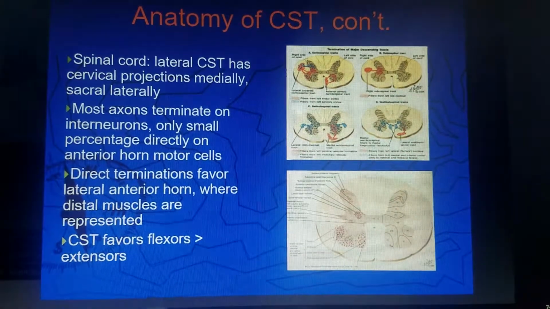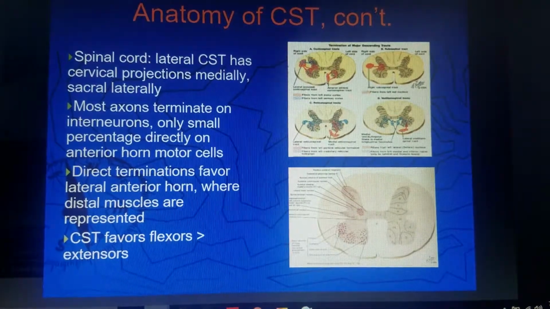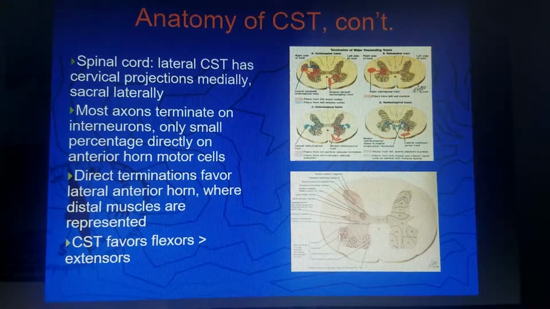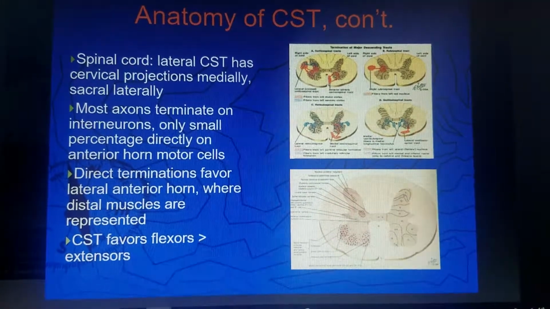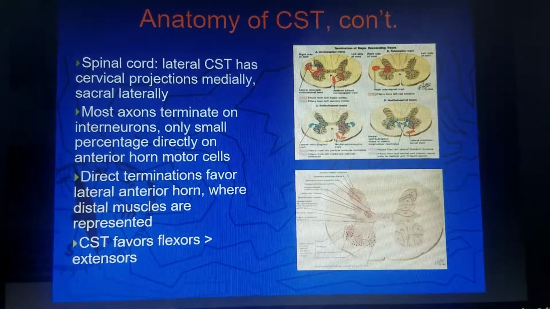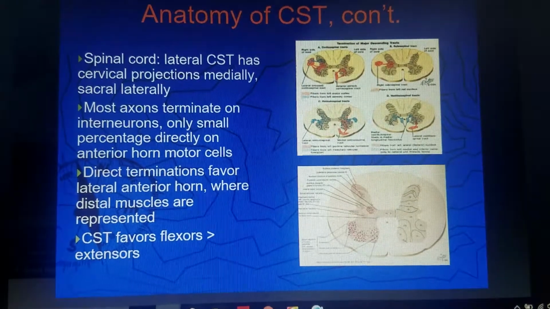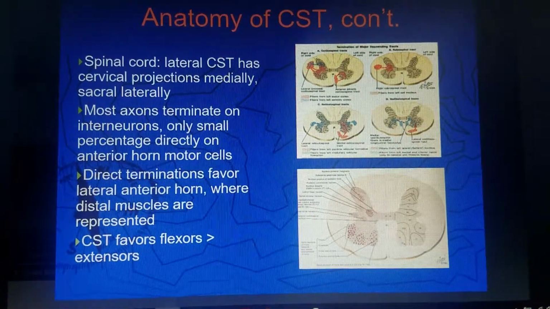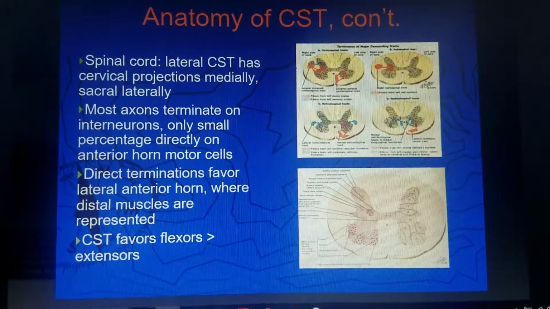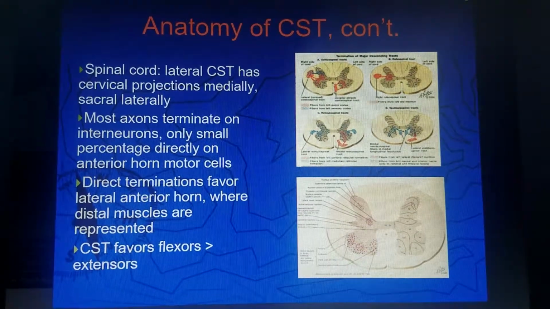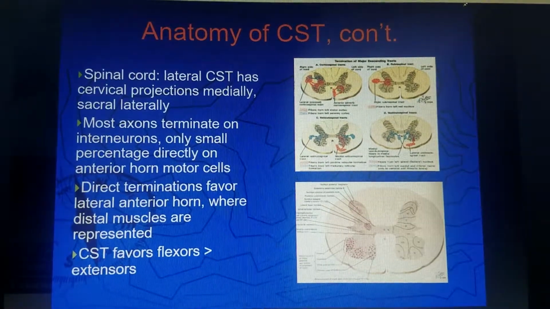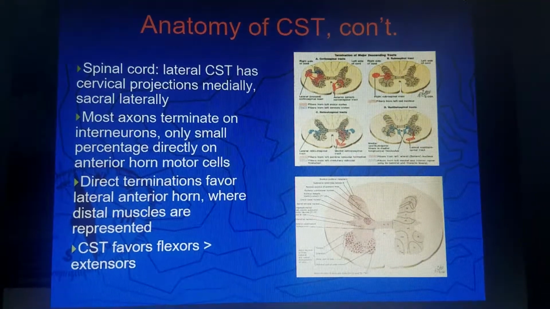Moving on down to the spinal cord, the anterolateral corticospinal tract is the one that we're primarily concerned with. And it, again, has a topographical organization where the cervical projections are more medial and the sacral projections more lateral. And so as you go down, projections peel off from the medial part of the corticospinal tract, leaving the more lateral ones to travel further down. So it's, again, a nice topography.